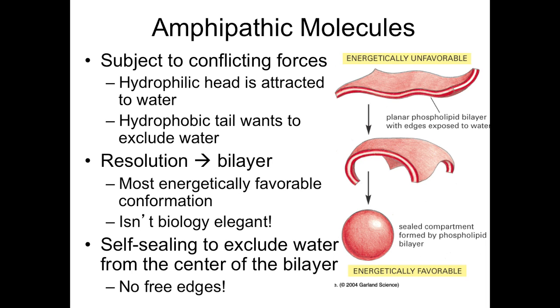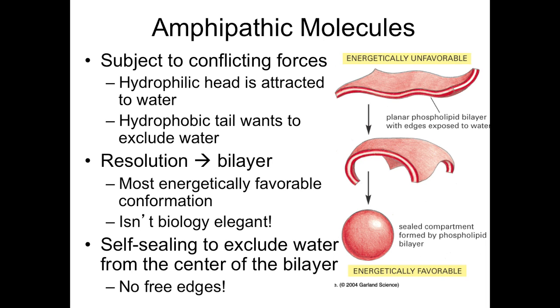All right, so because of this amphipathic nature, where you have the hydrophobic tails and the hydrophilic heads, forming a bilayer which is completely sealed is the most energetically favorable, most thermodynamically favorable conformation that these phospholipids, these amphipathic lipids, can assume. So it's a spontaneous process.